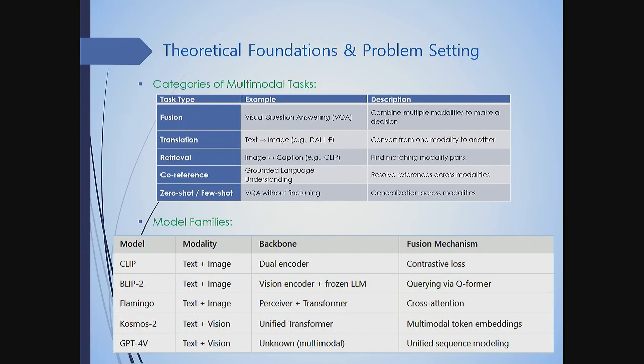For now, the backbone is not released, so it's unknown. And then you can have the type of fusion mechanism, how they combine this to make a decision. For example, here they use the contrastive loss, and in other models, they use cross attention. I think we'll see it here also.